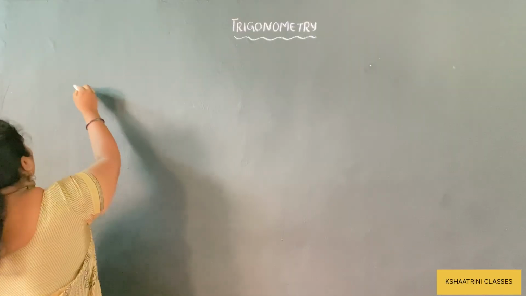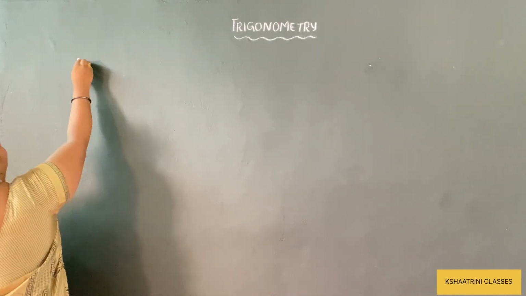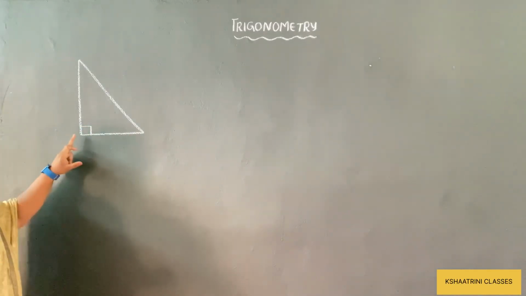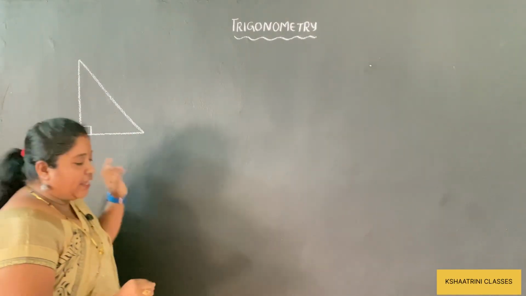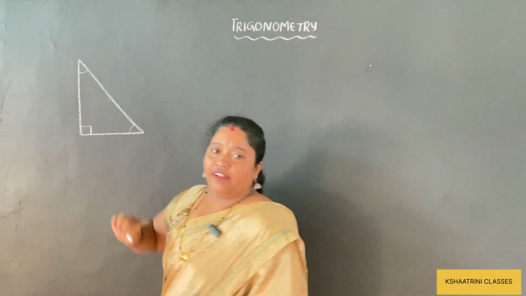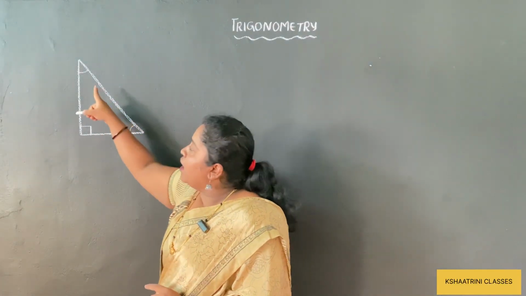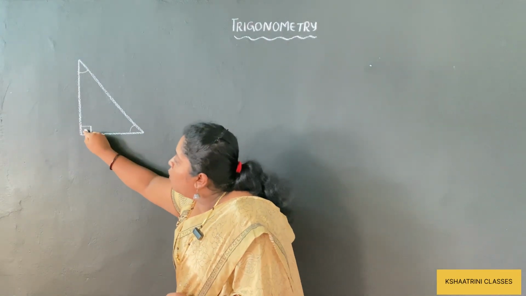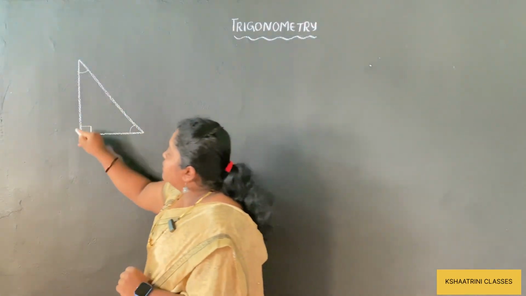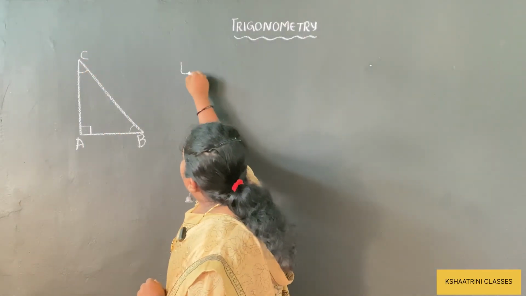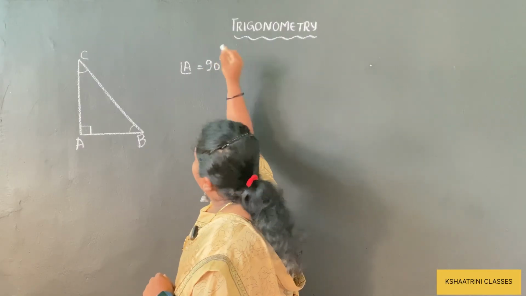Now, what is the speciality of trigonometry? In a right angled triangle, one angle is 90 degrees. With respect to the angle sum property of a triangle, the sum of all angles of a triangle is equal to 180 degrees. Suppose it is a right angle triangle ABC, where angle A is equal to 90 degrees.